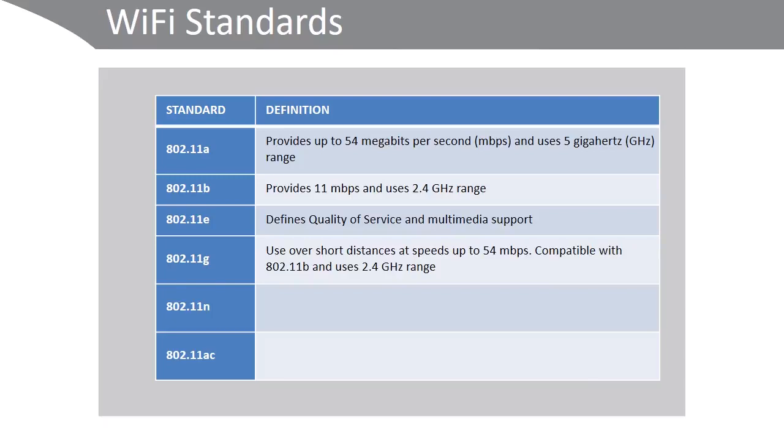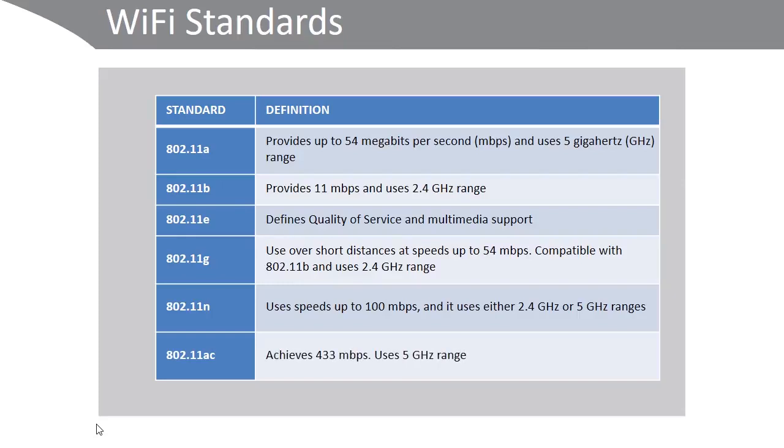It's backwards compatible with 802.11b and uses the 2.4 GHz range. 802.11n uses speeds of up to 100 megabits and it uses either 2.4 or 5 GHz ranges. 802.11ac achieves 433 megabits per second and uses the 5 GHz range.